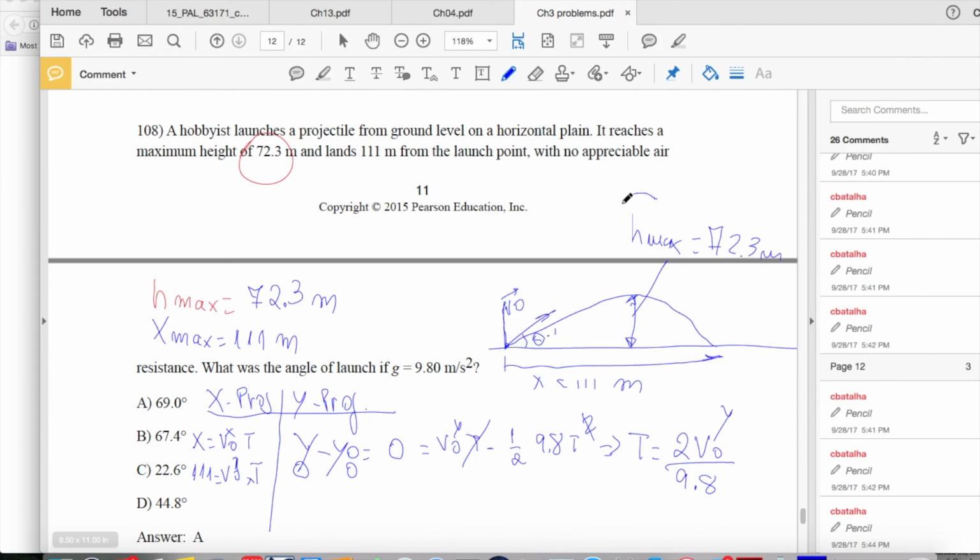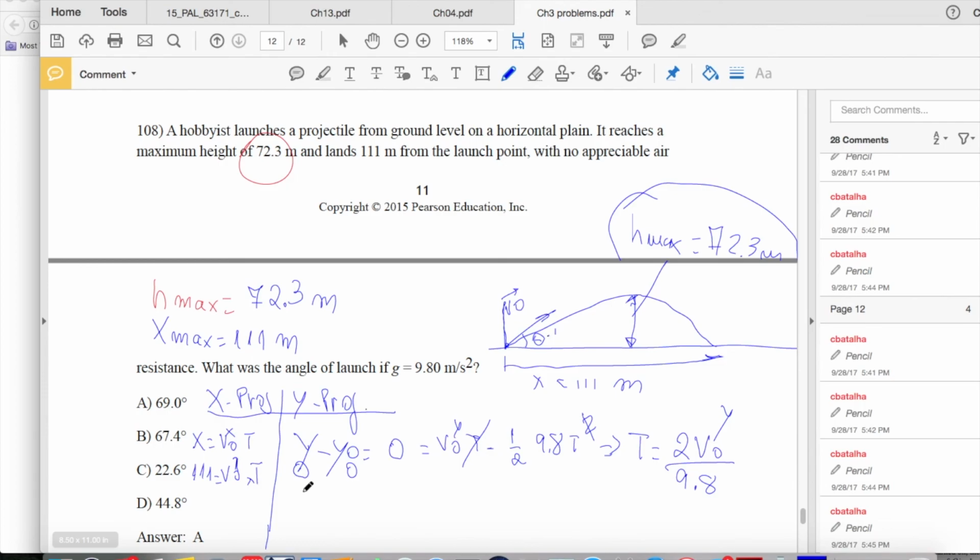But we haven't used that information of the maximum height yet. So how can we use that information? We know that when we use the Bernoulli equation in projectile motion, when the displacement is given and information about the velocity is given, we can determine the initial velocity along that direction.